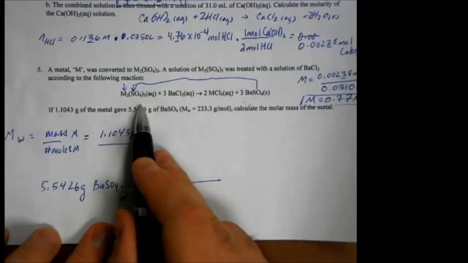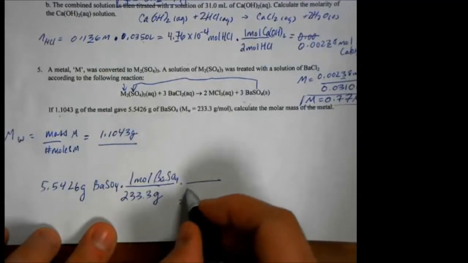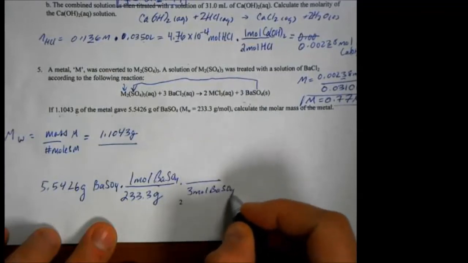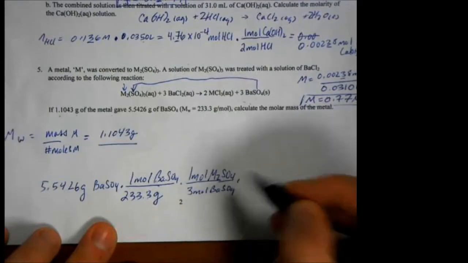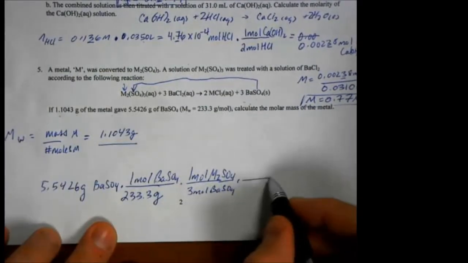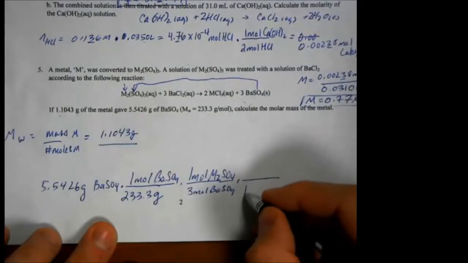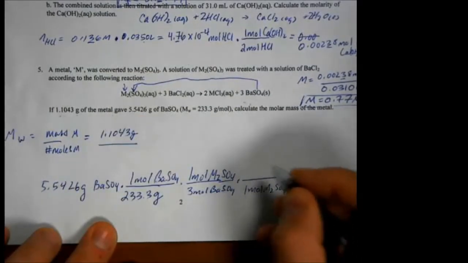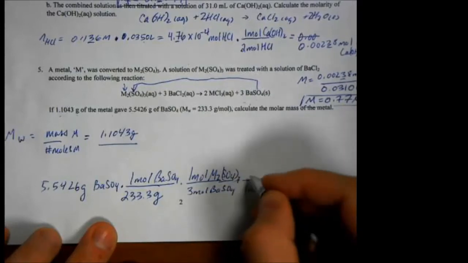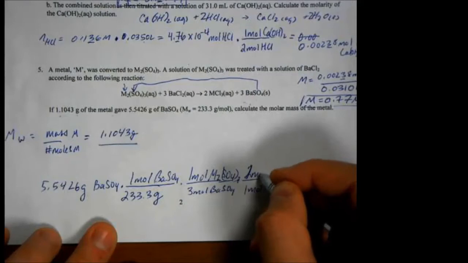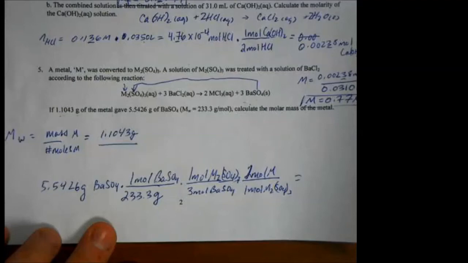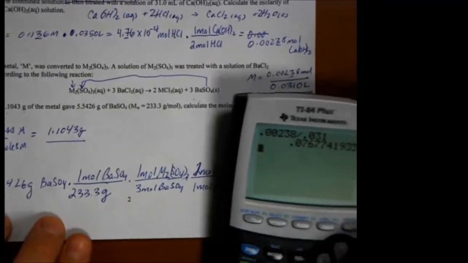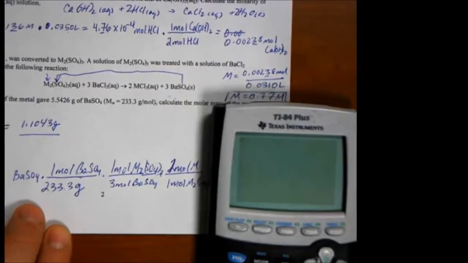Then using the stoichiometric coefficients, we know that for every 3 moles of barium sulfate, there is 1 mole of the M2(SO4)3. And we do have to do one more: for every 1 mole of the M2(SO4)3, there are 2 moles of the metal M. So just using that one number that they gave us, we can go all the way back to the metal M. I'm going to plug this into my calculator so that I can calculate the answer.